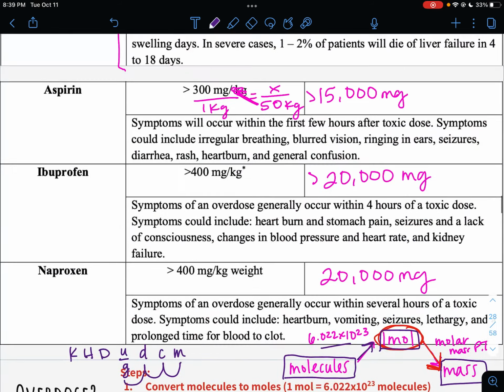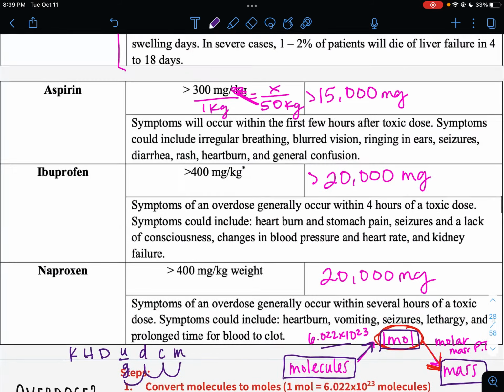This third column is asking you how many pills it would take to reach that toxic level. Let me find another place to write this real quick, and that'll make it a little easier. So here's our acetaminophen. Here is our toxic dose, which we said was 10,000 milligrams.